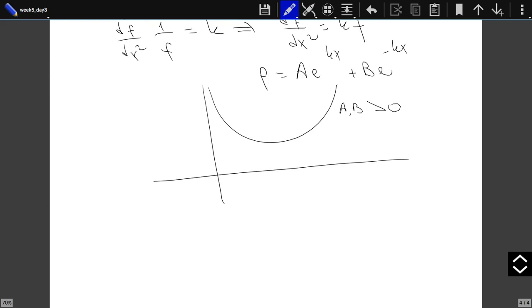If one is positive and the other one is negative, it will look something like this.